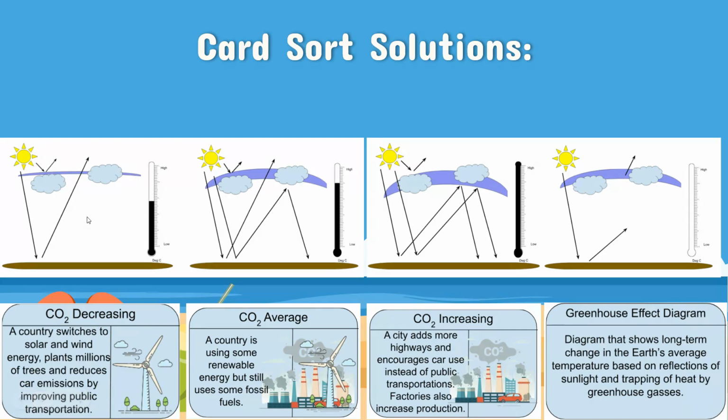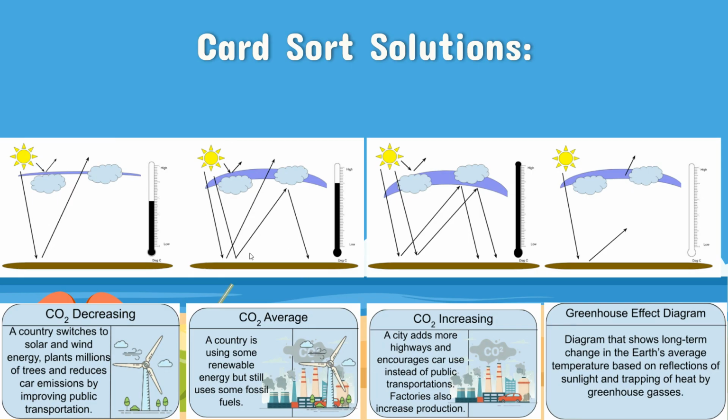And that is paired up with this picture above it, where the temperature has dropped a bit. The arches are thinner, meaning fewer of those greenhouse gases, and a lot of the heat is allowed to escape through and get out into space.